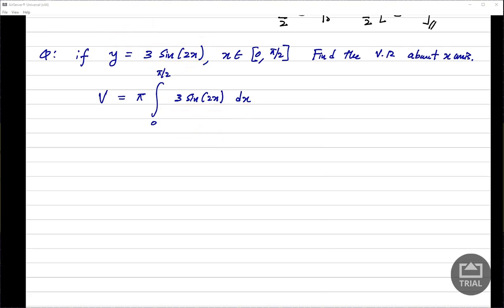So now, okay, before I forget to put square here, I will do that. So now this should be 9 pi, 0 to pi divided by 2, sine 2x, the whole thing is squared dx, right? So okay, calculate that.